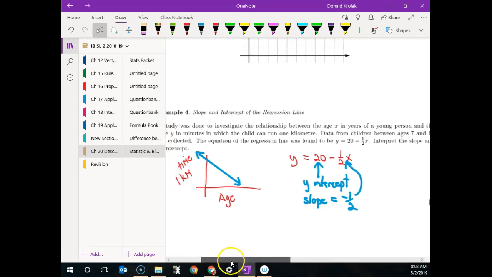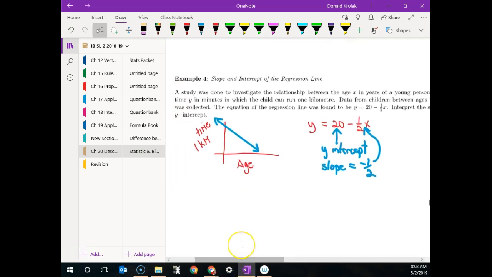Okay, so what does it mean if the y-intercept is at 20? How would you interpret that? How old are they? 7. Why do you say 7? Because the data would be 7 weeks.